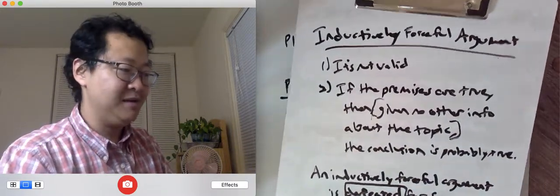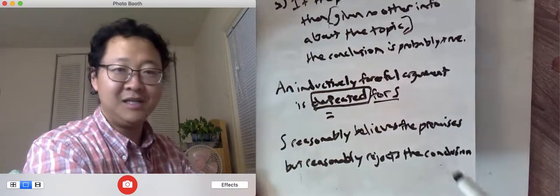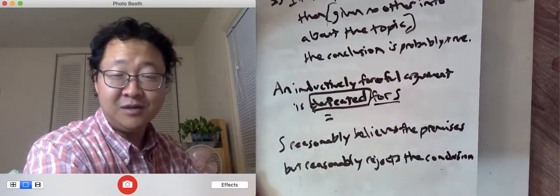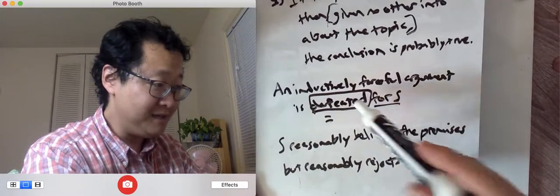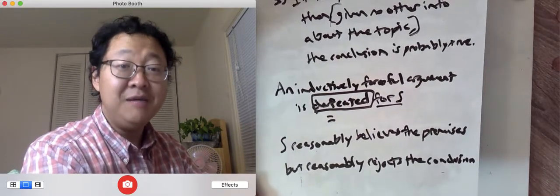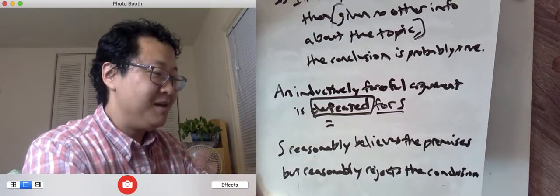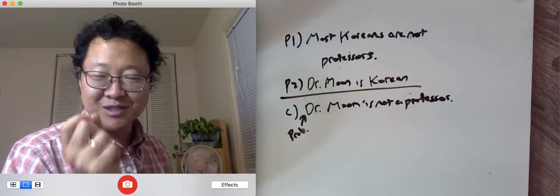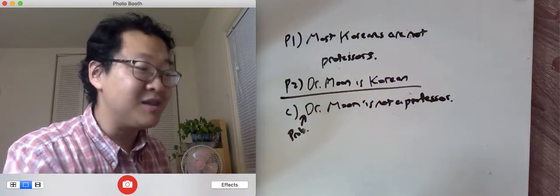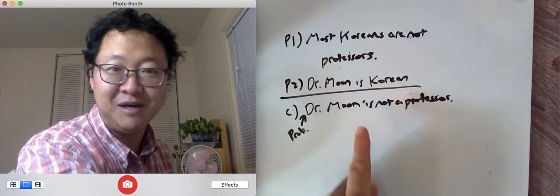And that's because you have other information about the topic. Now, let me draw attention again to this "for S." So inductive forceful defeat is person relative because it's person relative depending on whether you have extra information about me.